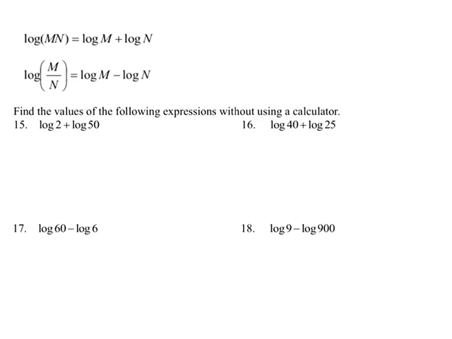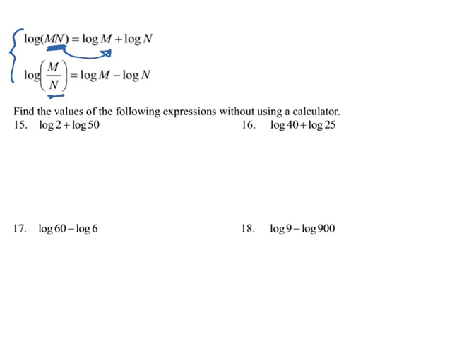Next, we'll learn another two properties. First one, if we see inside the log we have a multiplication, that means m times n, then we can separate it into log m plus log n.